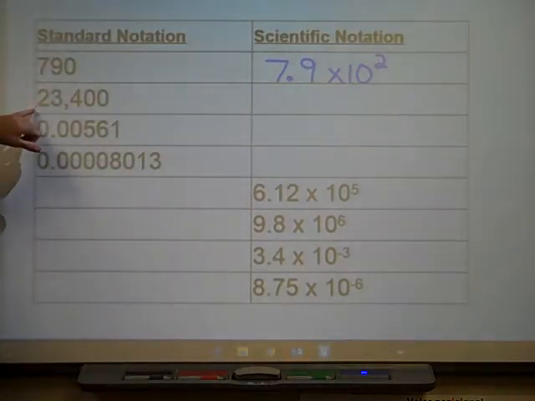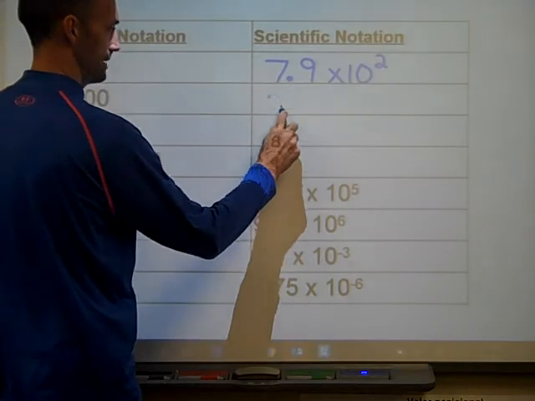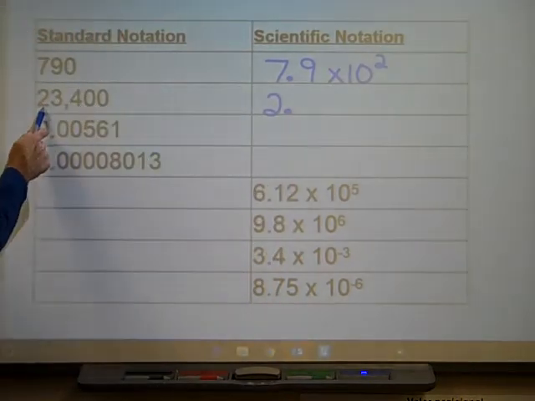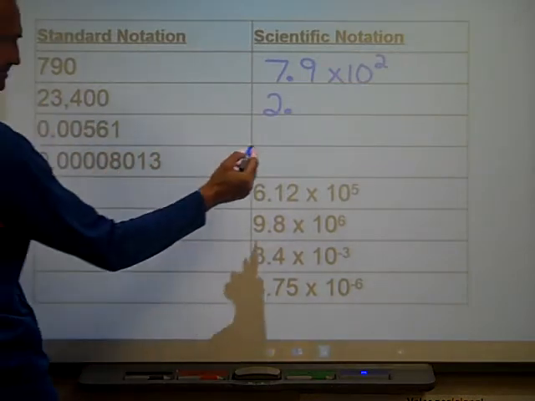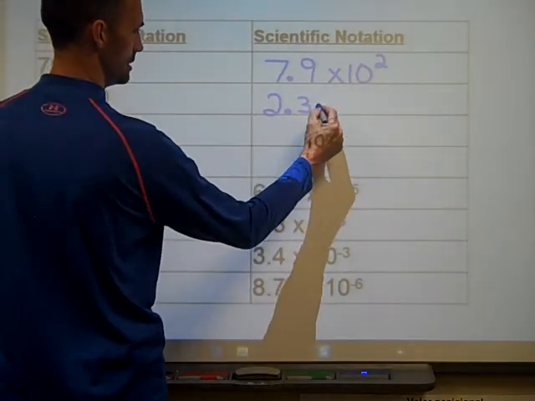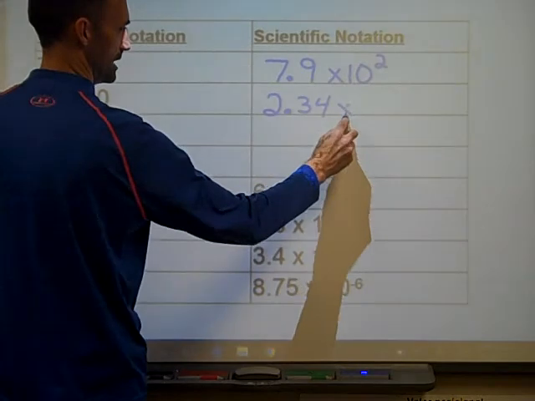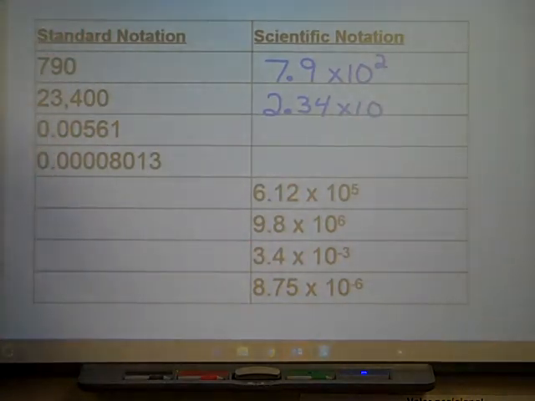So we take our next number, okay? I start and I find the first digit that is not a 0, and I put my decimal behind it. So 2 point, and then I'm going to copy everything else until there's only zeros. So 2.34 times 10 to the, I need an exponent.